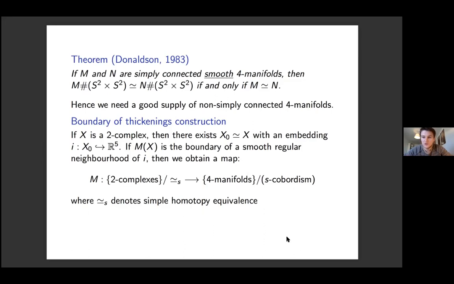So this gives you a way to take two complexes, unique only up to simple homotopy equivalence, which is a detail we can deal with another time, and you get a four manifold which is unique up to homotopy equivalence.